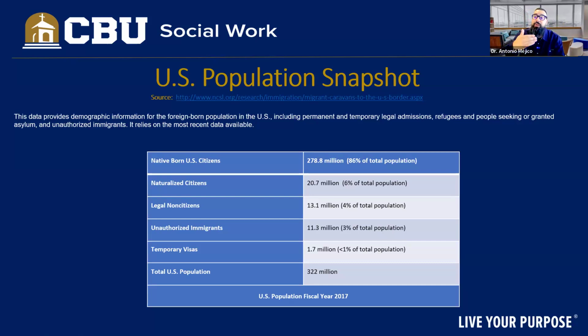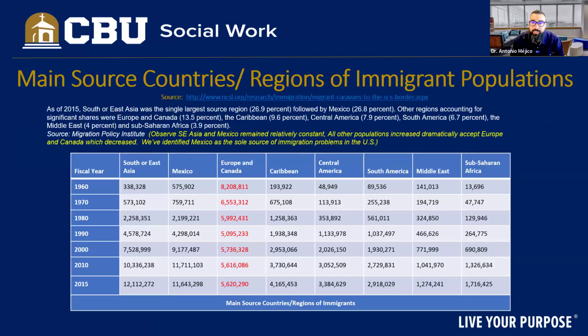Yet so much of our discourse, our policies, the relationships that are broken at the dinner table as a result of this discussion, it's really only impacting 3% of our total population. Something for us to think about when we engage in discussions around immigration.